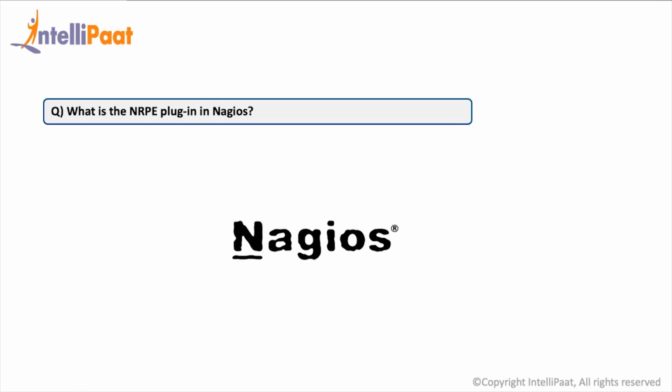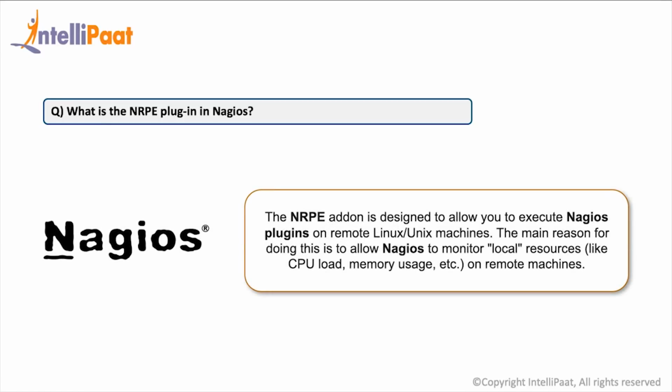So our next question is, what are NRPE plugins in Nagios? Okay, so NRPE plugins are basically extensions to Nagios which help you monitor the local resources of the client machines, right? So you don't have to SSH into the client machines to see how much memory or how much CPU is being used.